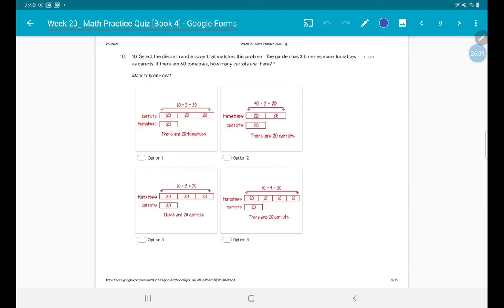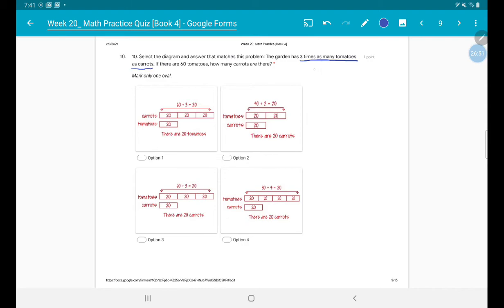All right, number 10 says to select the diagram and answer that matches the problem. The garden has 3 times as many tomatoes as carrots. If there are 60 tomatoes, how many carrots are there?